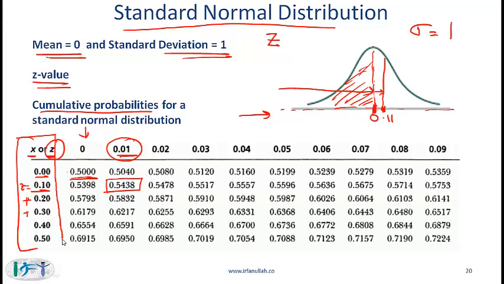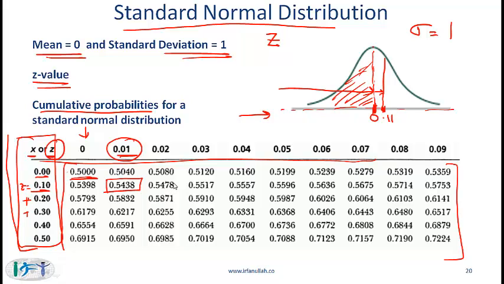So the first column and the first row essentially are used to come up with the z value, and then the data in the body of this table is essentially the cumulative probabilities.